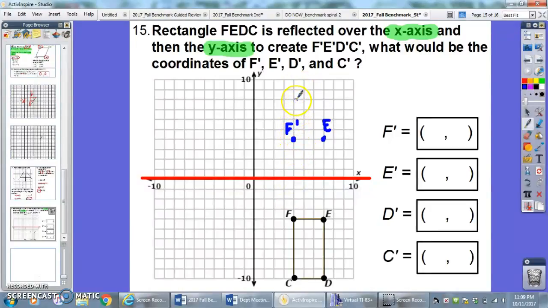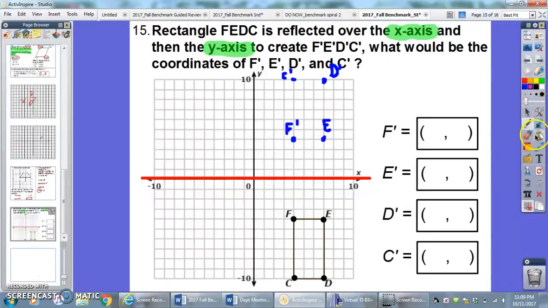So that would be 10 right there, at the very top of my graph. So C, and then I can tell that D would be right there since it's forming a rectangle. I kind of figured that one out without having to count. So those are my 4 points: F prime, E prime, D prime, and C prime. A little messy, but we can still see.